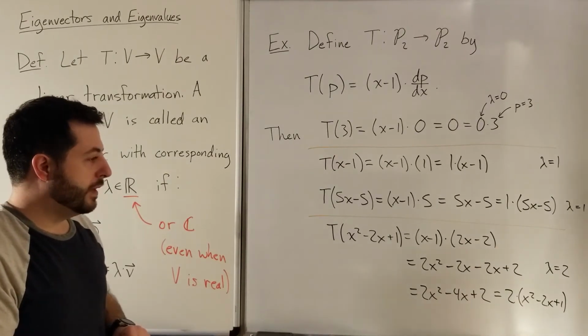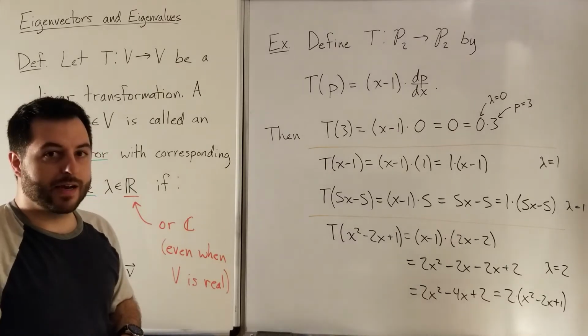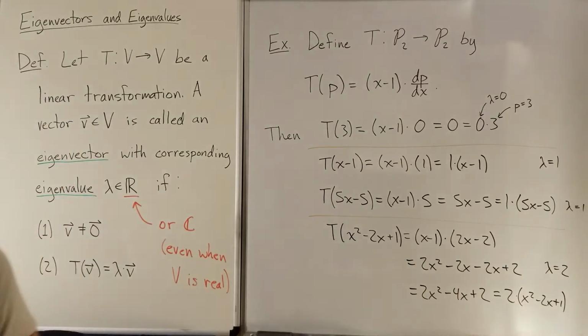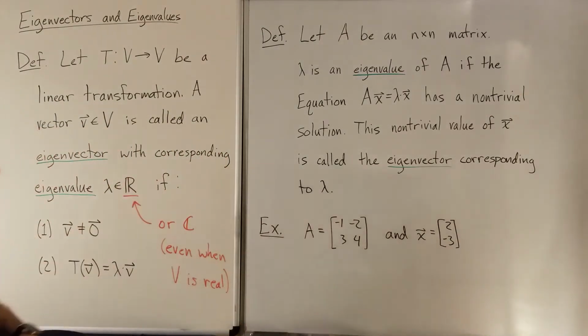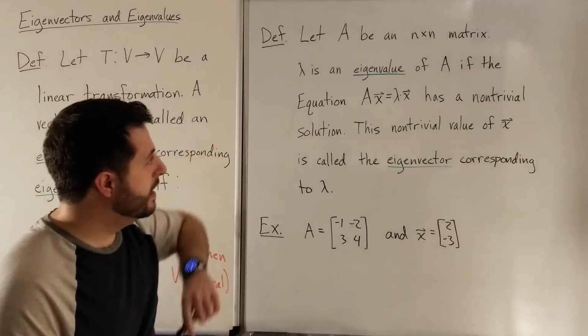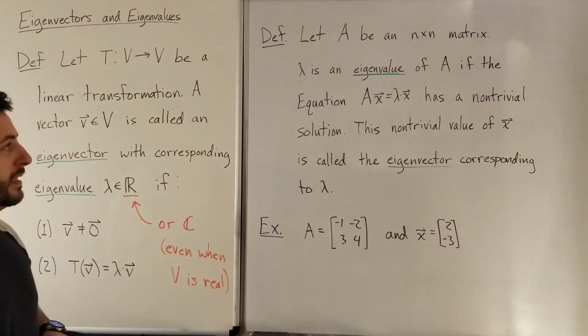So next up, we're going to be looking at matrices and eigenvectors and eigenvalues of matrices. The definition I have written here is equivalent to this definition, but I decided to write it in a slightly different way just for variety, but they mean the same thing. So A is an n by n matrix.